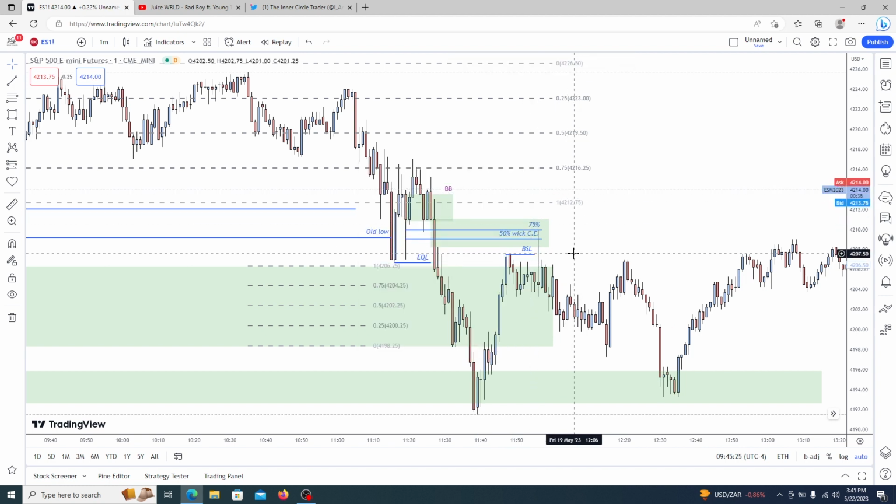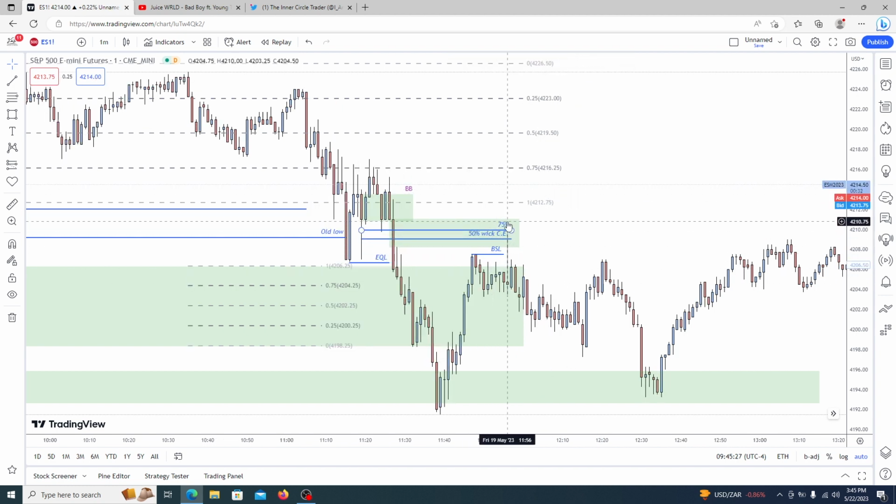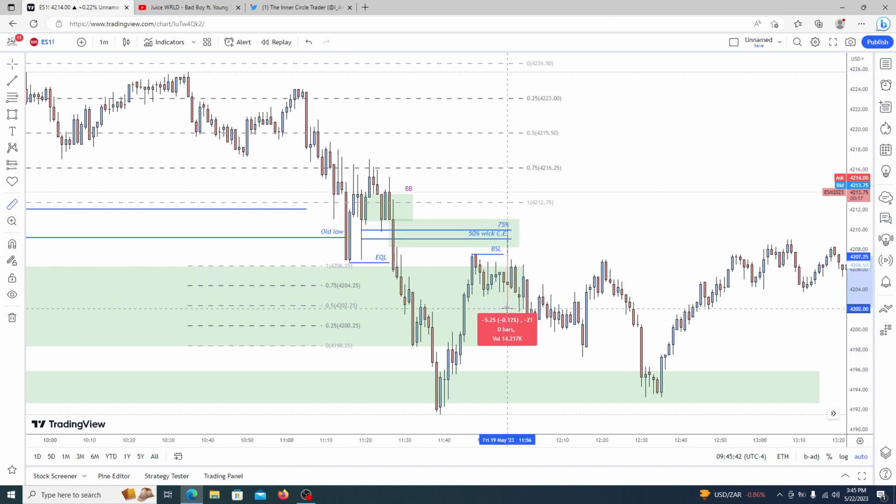Buy side liquidity, in one sweep move that was done, and then obviously you could be targeting several of these areas after taking an entry inside that wick.